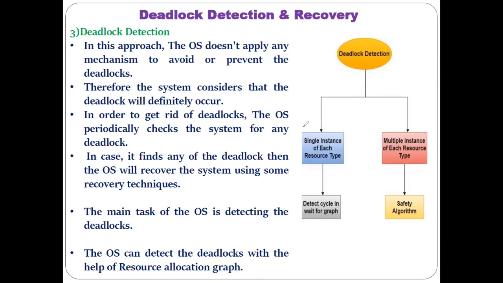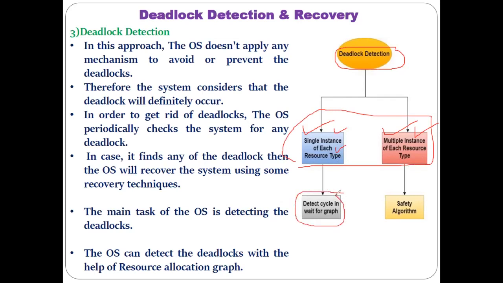So with the help of these two cases, the deadlock detection is done. In the first case, the consideration is on the single instance of each resource type, whereas in the second case, multiple instances are considered. Understood? In the first case, where a single instance of each resource type is there, detection of cycle is done, whether it is present or absent.